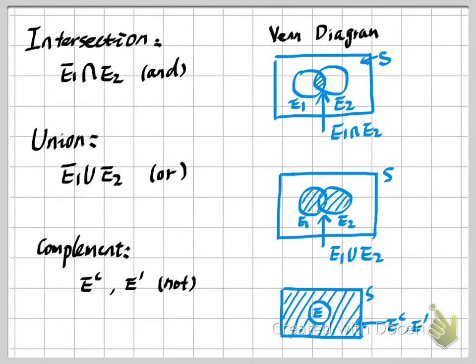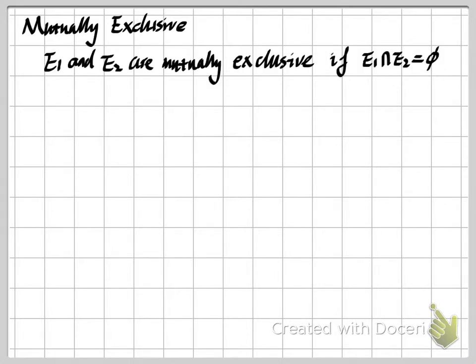And I also want to introduce some more rules about sets. The first thing I want to introduce is the relationship of two sets: mutually exclusive. The definition is, if we have E1 and E2 as two sets, and we say E1 and E2 are mutually exclusive, that means E1 intersection E2 is an empty set.